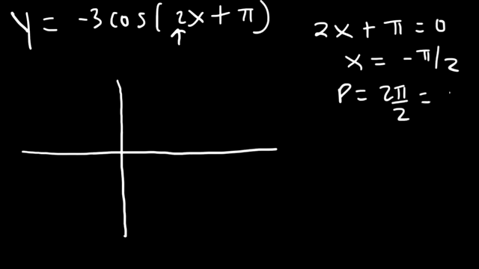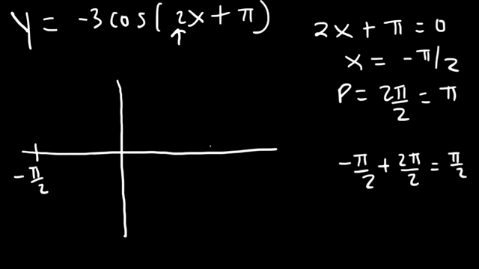So the period is equal to pi. So the phase shift is -pi over 2, and then add the period to it. -pi over 2 plus pi. Pi is the same as 2 pi over 2. This is equal to pi over 2. So the first cycle is going to be between -pi over 2 and pi over 2.